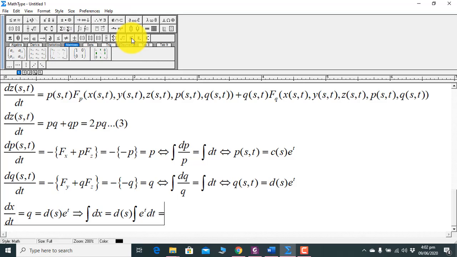So the answer will be x equals d of s e to power t, because the integral is similar, plus some another constant.